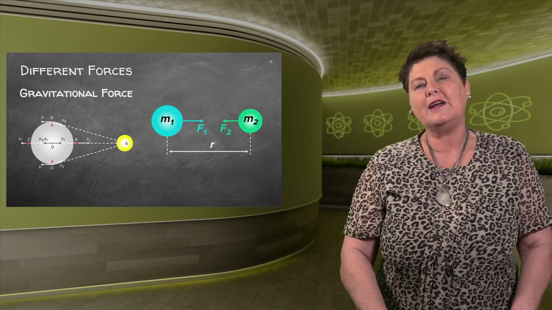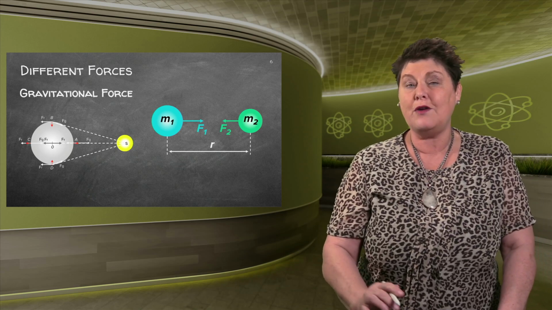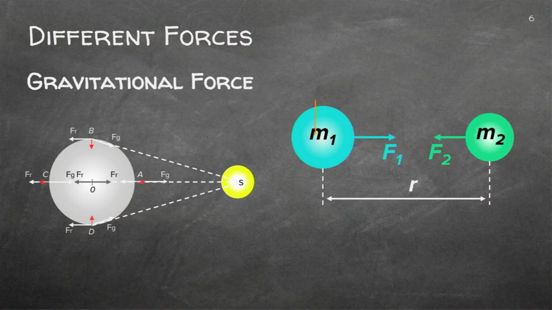Let's go and have a look at gravitational forces. Now, gravitational forces will be between a mass and another mass. This force will always be an attraction force. That's making it a bit different to the other. The one mass will attract the other, and we usually work with Earth as one of the masses.